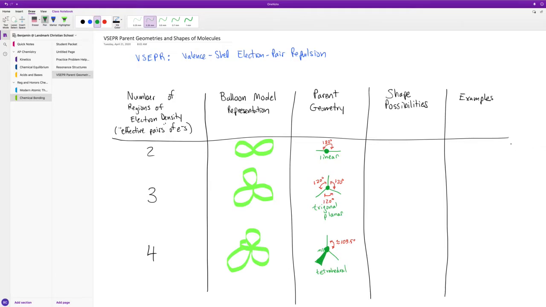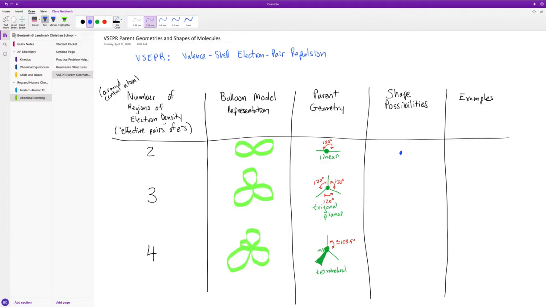Okay, now that we've discussed parent geometries and how those result, let's talk about shape possibilities. So if we have two regions of electron density, by the way, this is around the central atom. I ought to have said that. Around central atom, the number of electron regions, there are a few possibilities we're going to see over here, but for this line right here, for two electron regions, there's really just one shape.